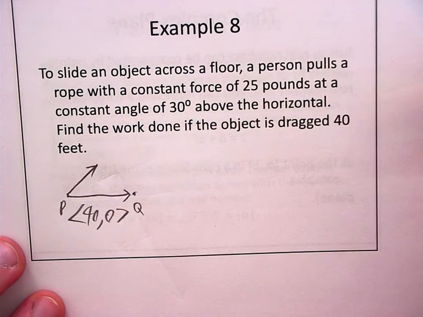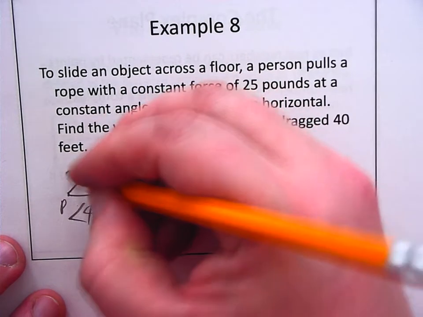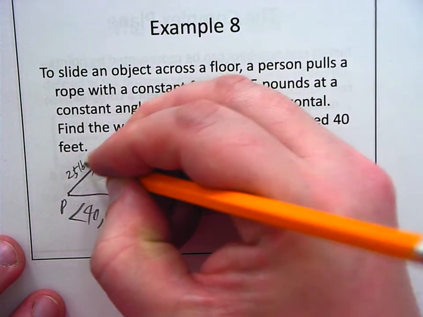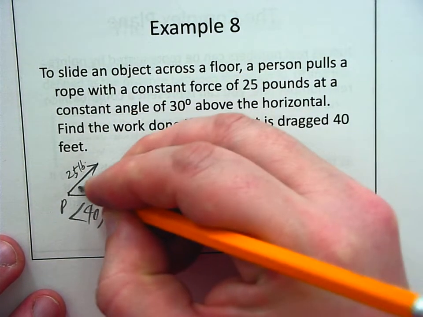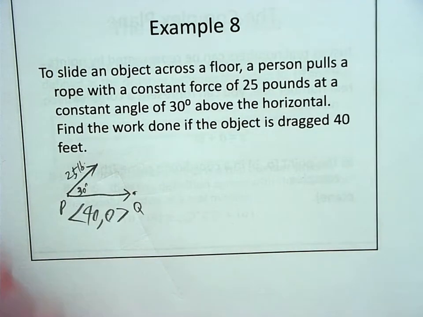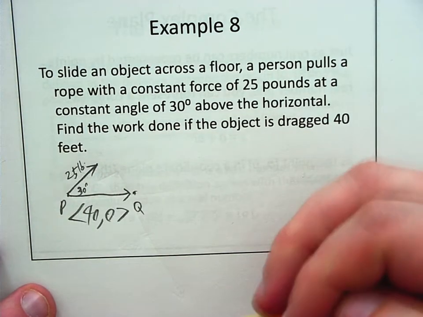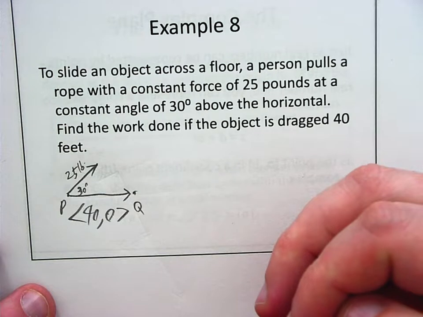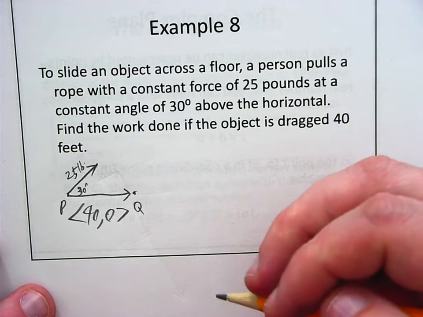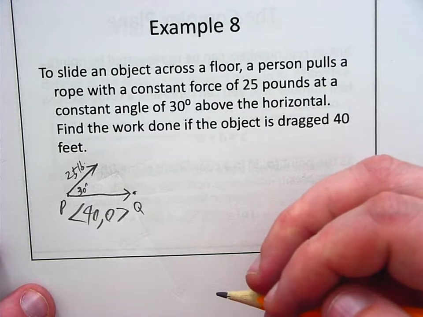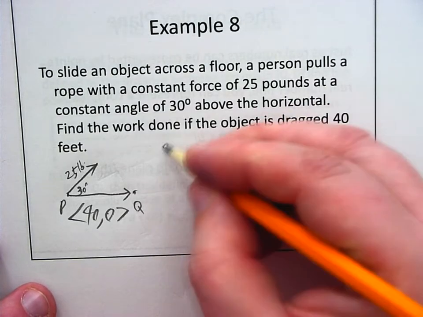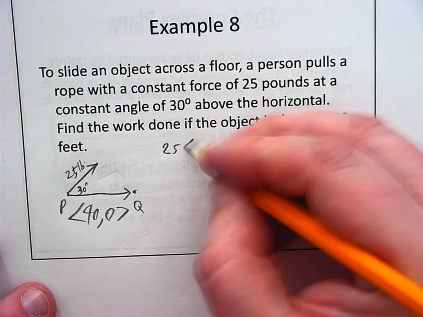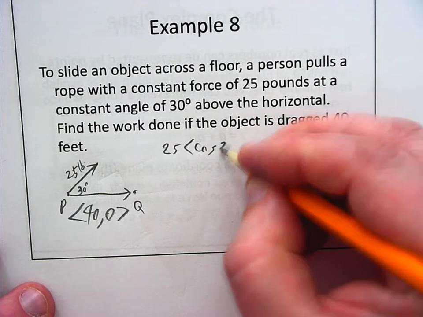So if I write this one, now this is a 25-pound force at a 30-degree angle, right? So what is this one as a vector? Yeah, 25 times that cosine 30, sine 30.